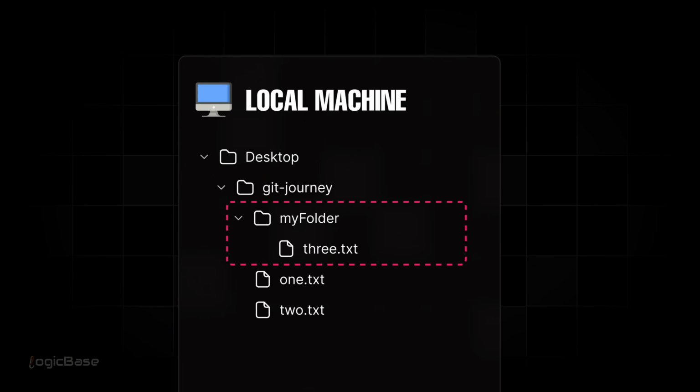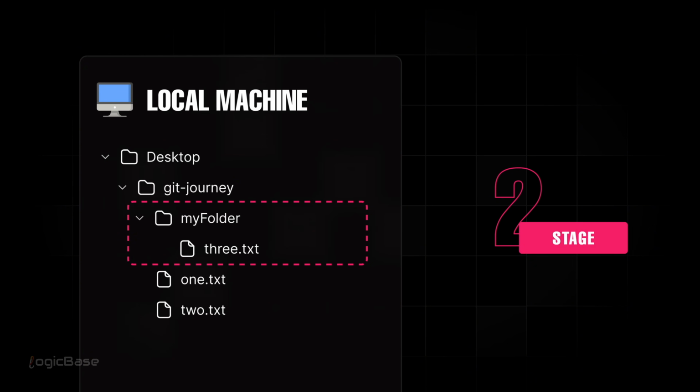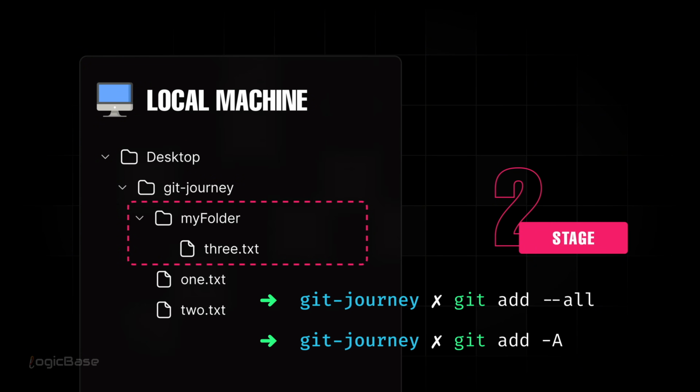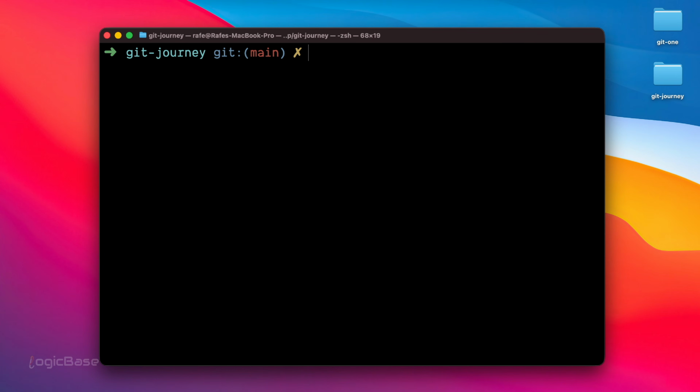If I want to move everything to the staging area at once, I have two options. I can either use the command git add --all or the shorter version git add -A. Both commands do exactly the same thing. So let's first try with git add --all. In the terminal, I type git add --all.